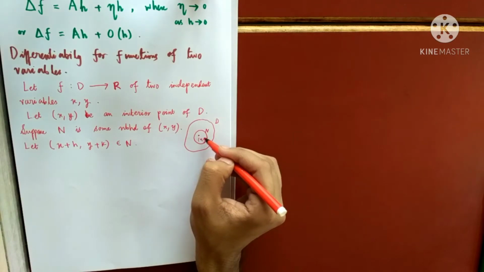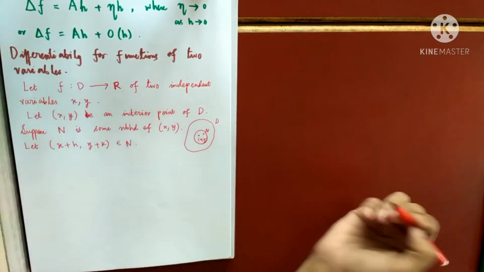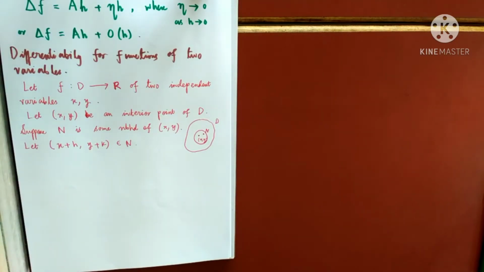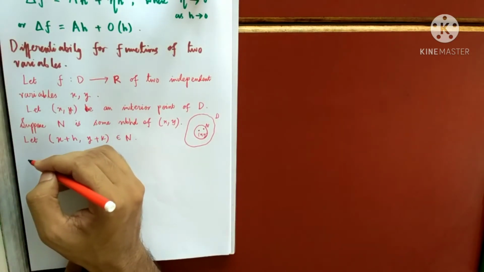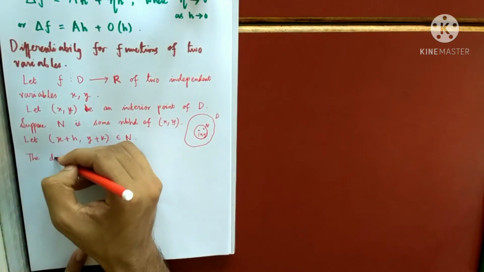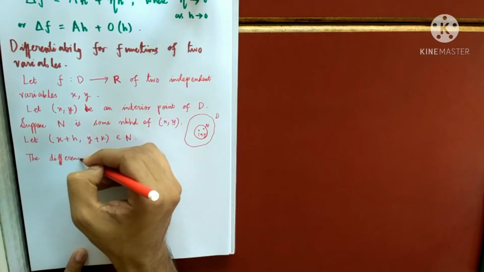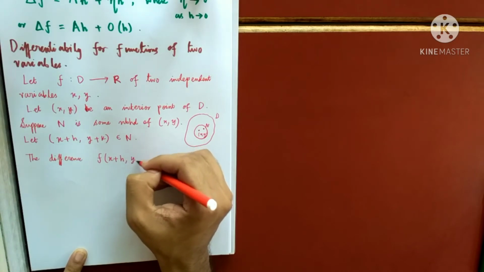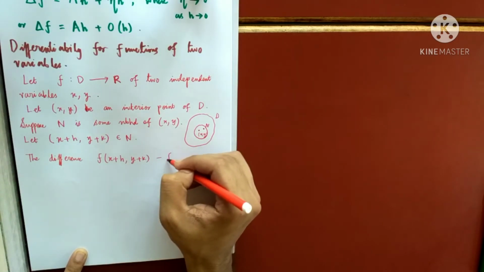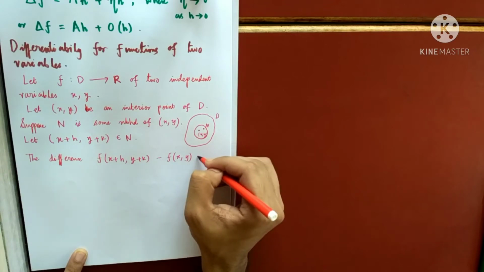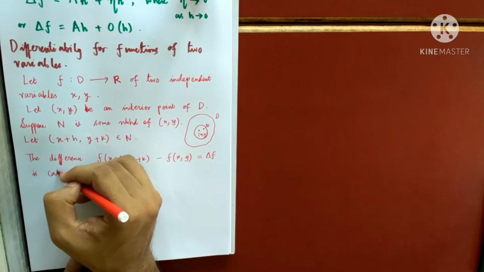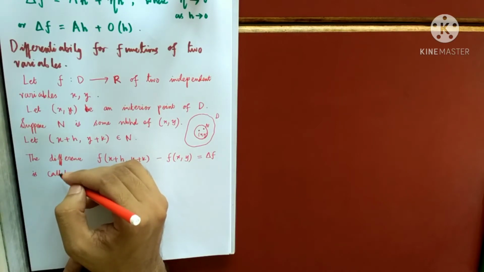So this is the point x comma y, and this might be the point x plus h comma y plus k. So I can talk about the increment. The difference f of x plus h comma y plus k minus f of x y, which is noted like this, is called the increment of f.